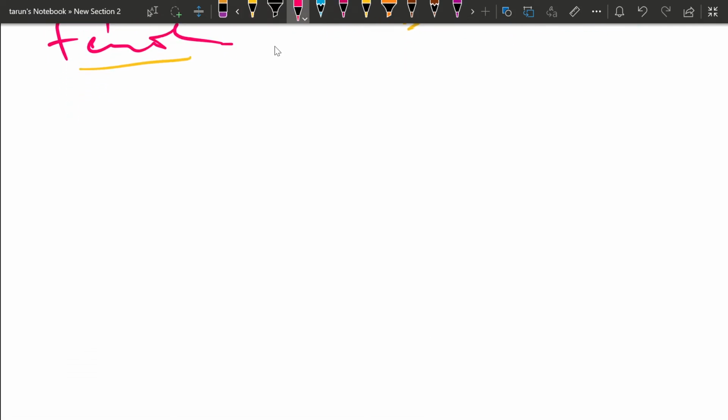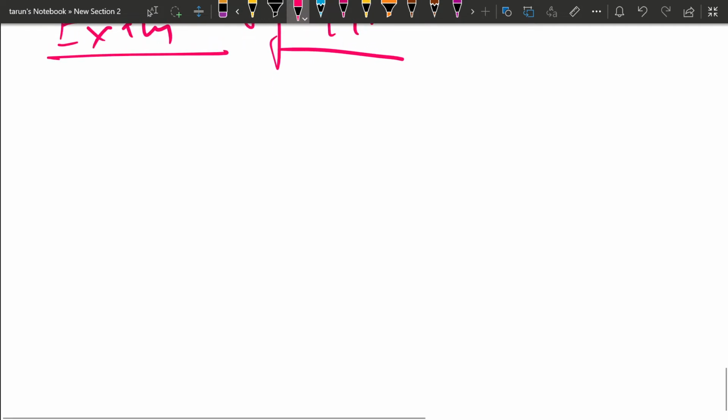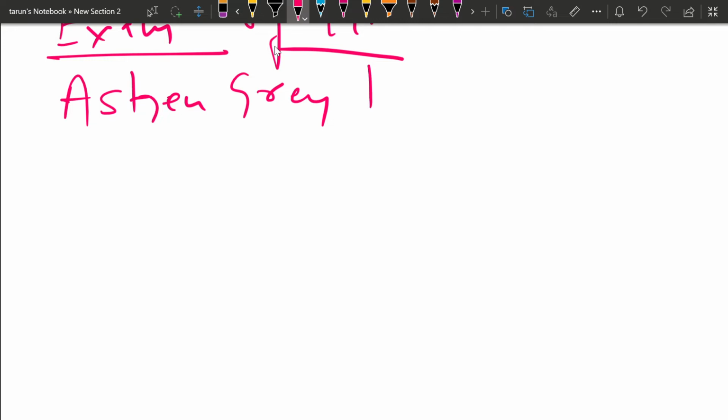Now we'll see examination findings, examination of a patient of chest pain. In examination, you can see the pallor, that is ashen gray pallor. You should note it down, ashen gray pallor.